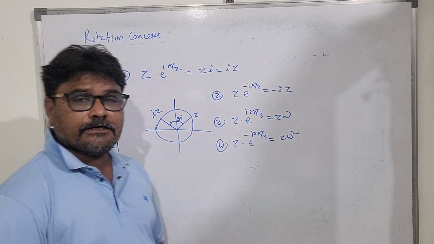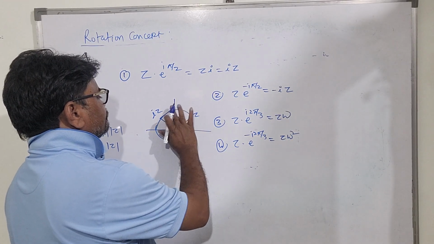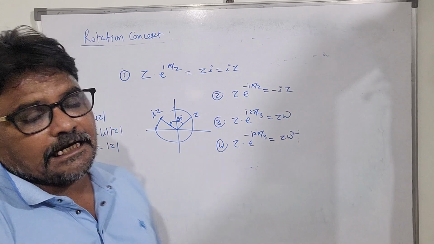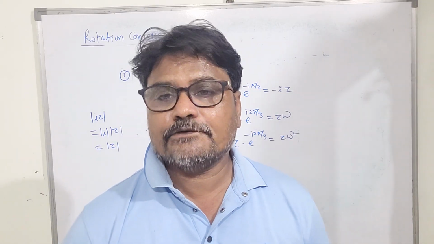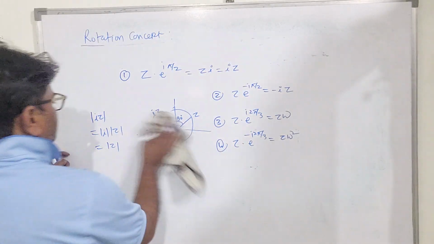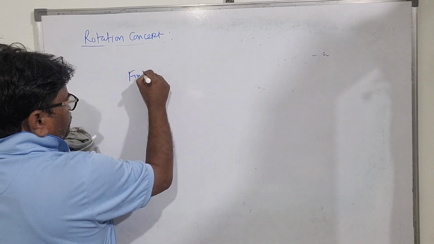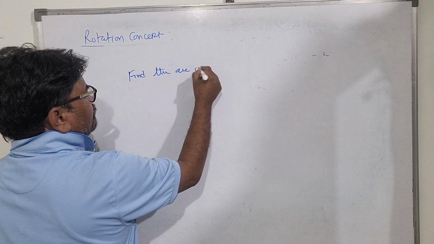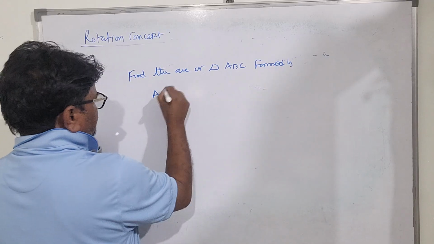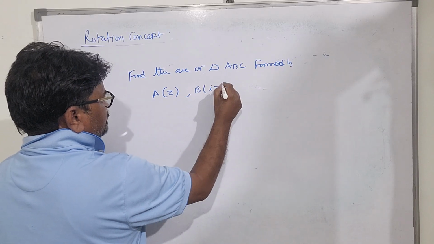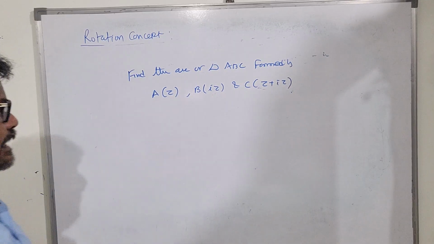So if we are having any triangle having the vertices A as z, B as iota z, and C as iota z plus z, find the area of triangle ABC formed by A z, B iota z, and C z plus iota z. We have to find out the area of this triangle.